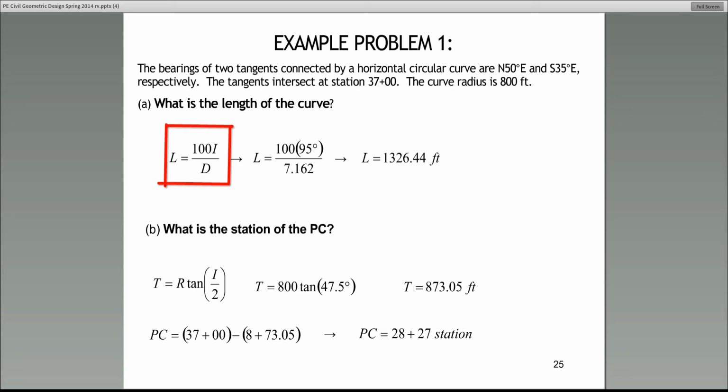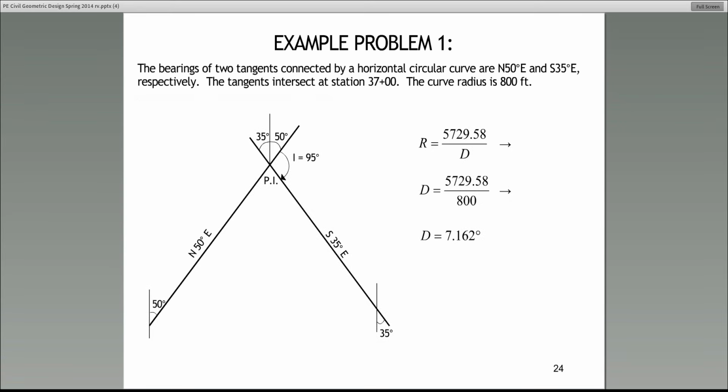Now, I is the intersection angle, and D is the degree of curvature. Were we given the value of I or D? No. But we were given enough information to calculate those values. I'm going back to page 24, and I want everybody to pay attention.